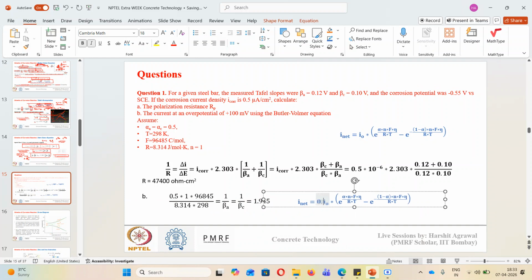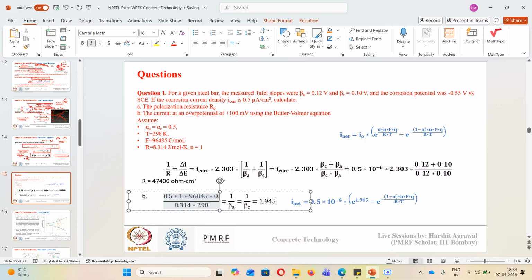It is 0.5 into 10 to the power minus 6, into e to the power 1.945. So here we can multiply this overpotential also of 0.1.